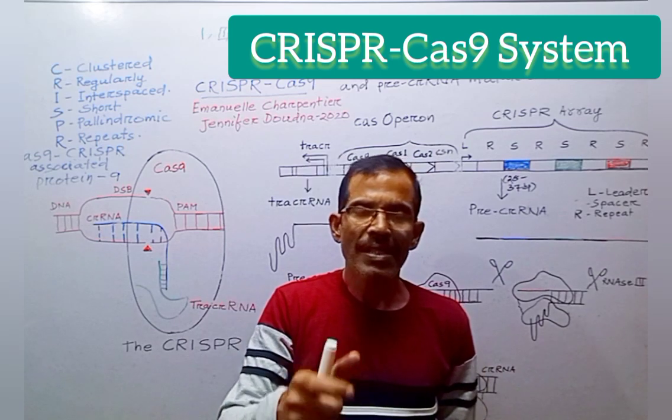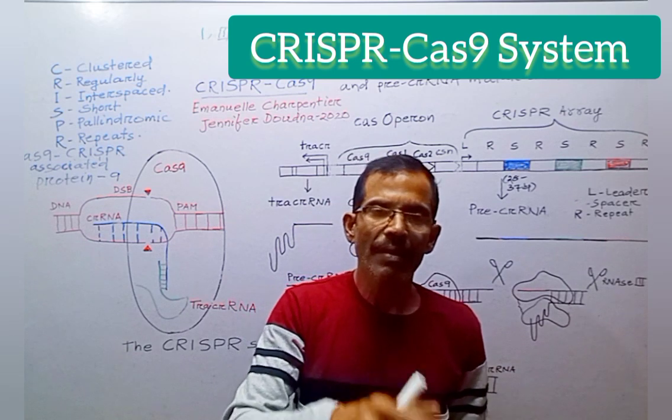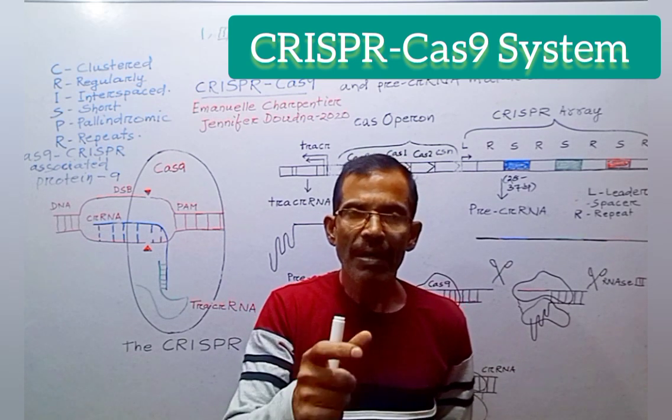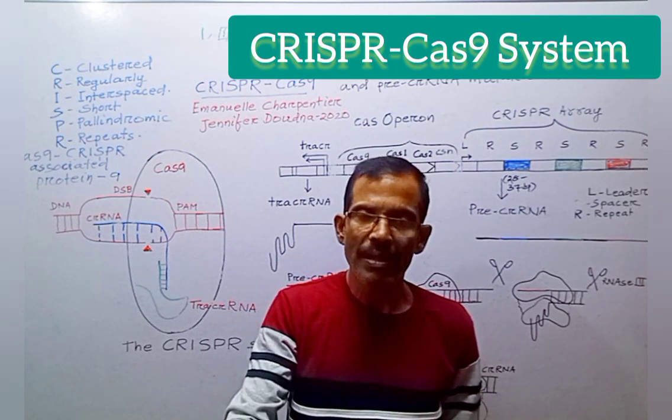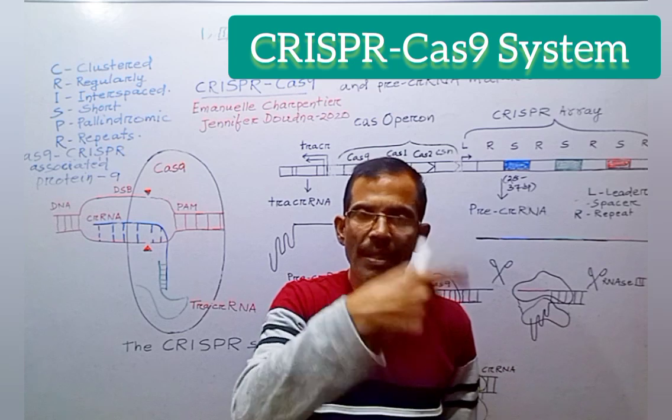These interference complexes can detect and destroy the DNA fragments of invading bacteriophages if they are similar to the phages which had previously infected the bacteria.